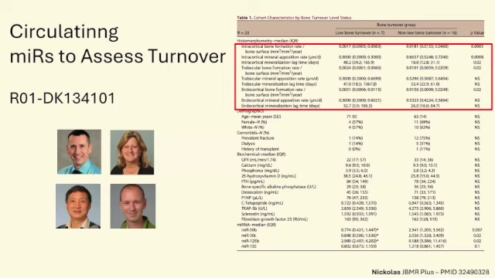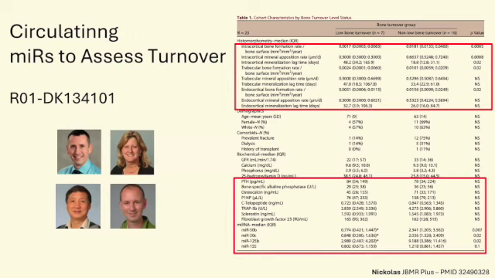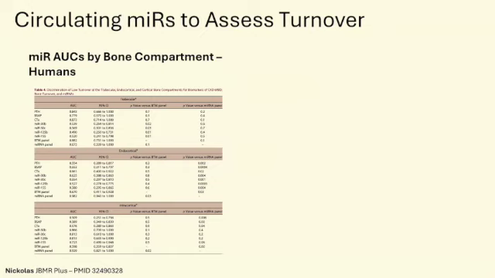What we found was kind of intriguing. We found that in terms of the typical biomarkers that we use, so in terms of PTH, bone alkaline phosphatase, osteocalcin, CTX, P1NP, TRAP, those biomarkers didn't differ between the cohorts. But we found that 4 microRNAs were significantly lower in the low turnover group. So then we did some other analyses, and we then re-stratified the group according to bone turnover in the various bone compartments.